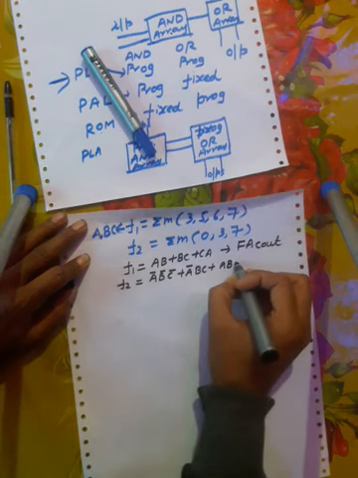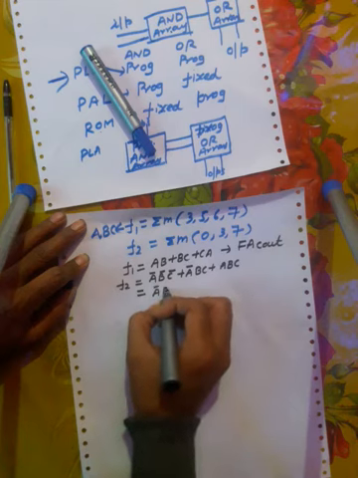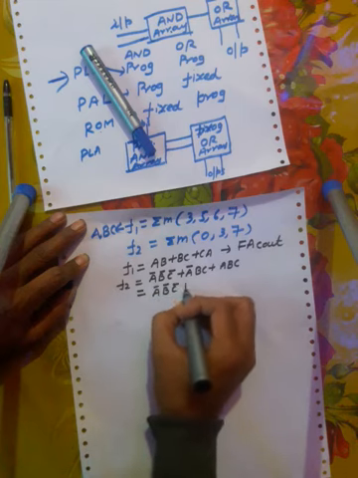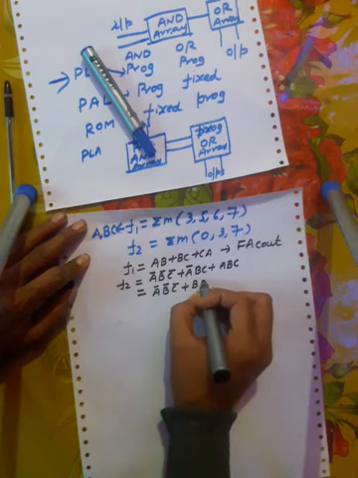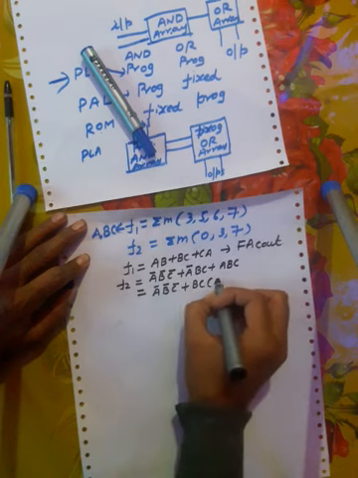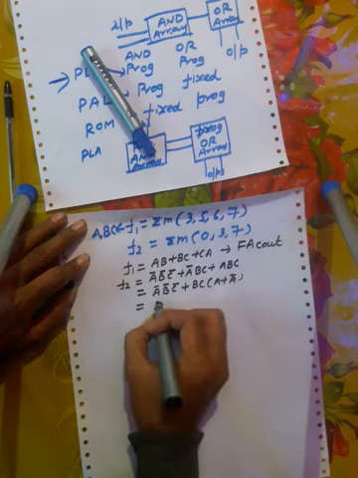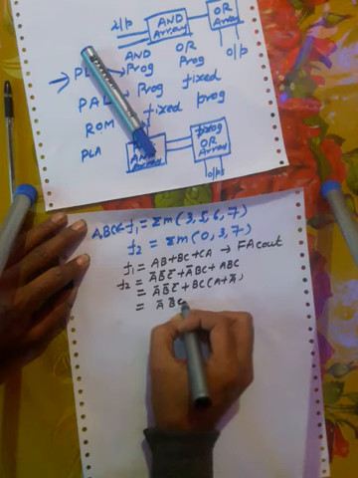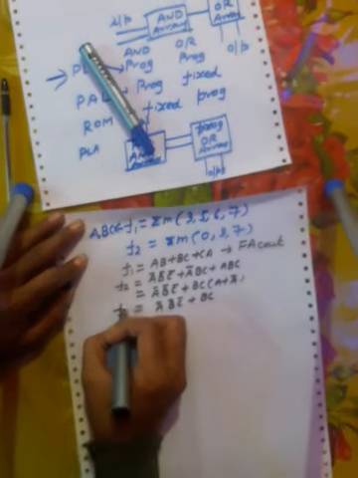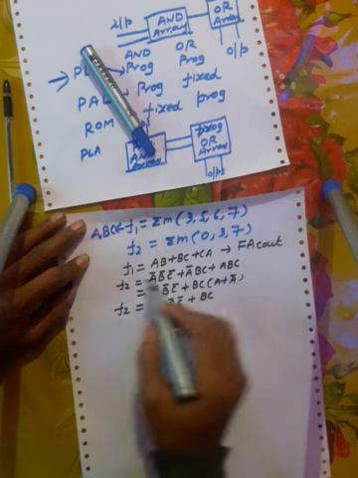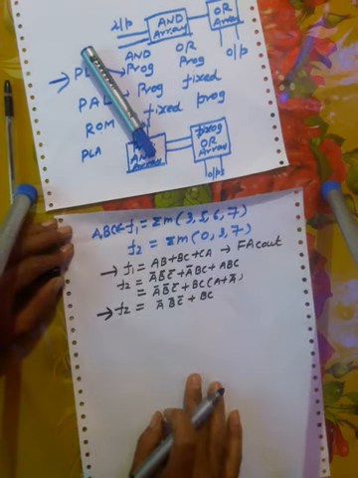Either you can use K-map or Boolean laws and theorems. A bar B bar C bar plus, taking BC common, BC times A plus A bar, which is 1. So A bar B bar C bar plus BC. This is your F2, and this is your F1.